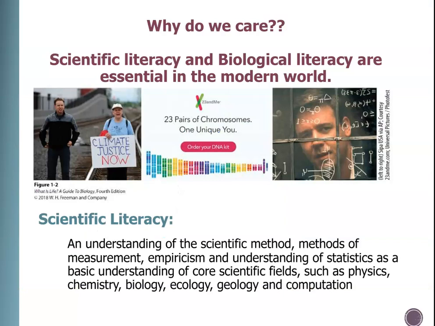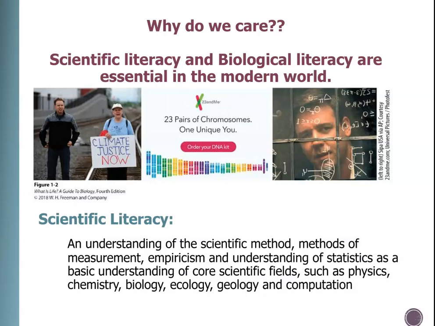So why do we care? Why do we care about biology? Why do we care about learning how to do biology? Why do we care about the process of science? Well, we care about those things, science and biology, because by learning about them, science in general, or biology more specifically, or any area of science that you're interested in, helps us to understand and make wise decisions.